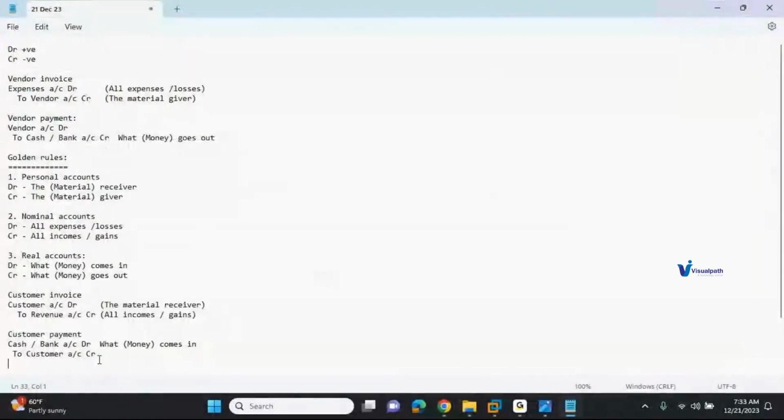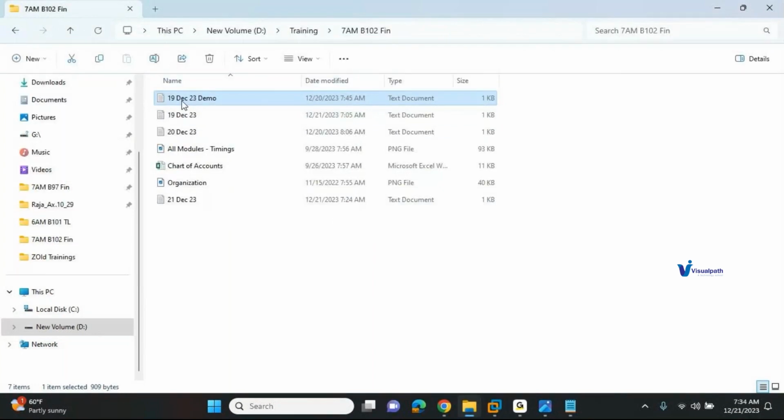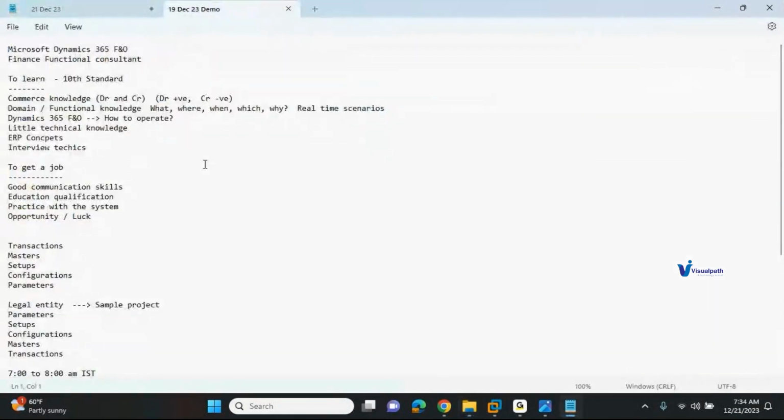So these two transactions and these two transactions, you need to practice. In the demo, I told you clearly what is my task, what is your task. I told you I will refresh your commerce knowledge and explain domain knowledge, all real-time scenarios, and how to operate, with a little bit of technical knowledge.